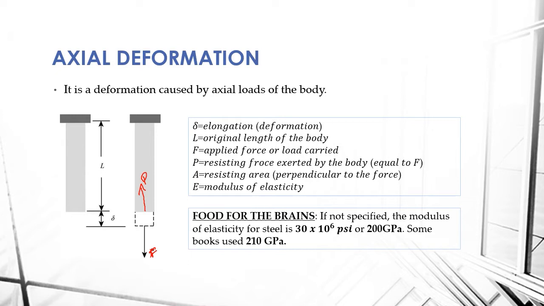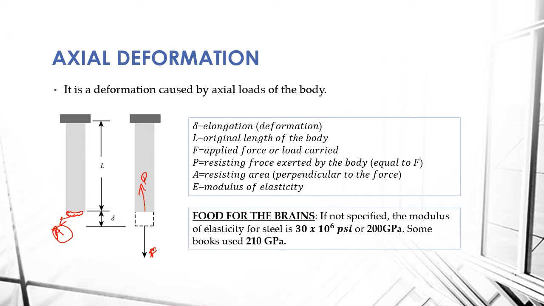Ang A mao ang resisting area. Kung circle siya, ang area kay area sa face niya. Kung rectangular or square, depende sa iyang area. Mostly mga circle man na siya. Ang E is modulus of elasticity.